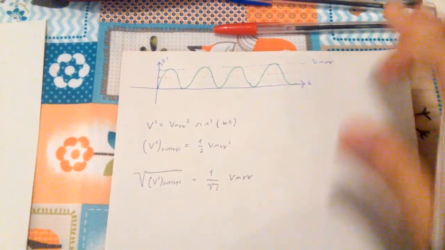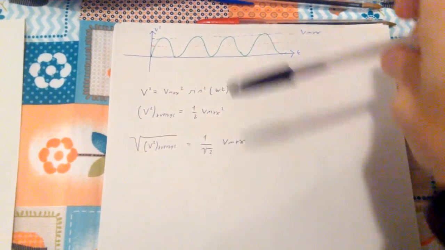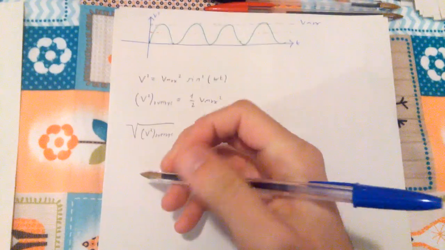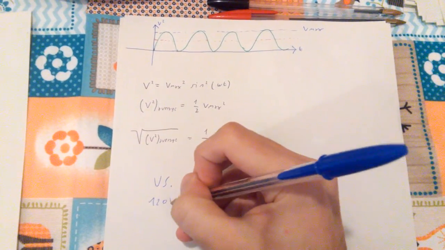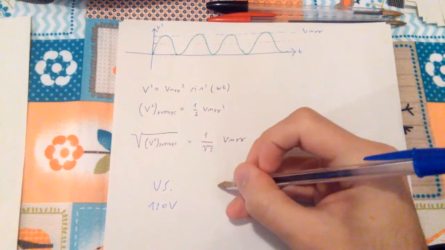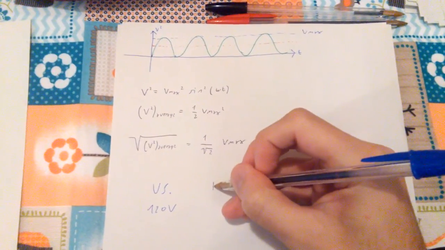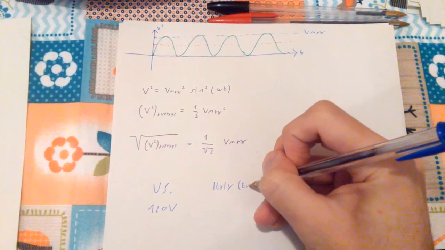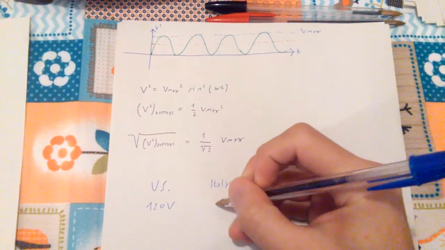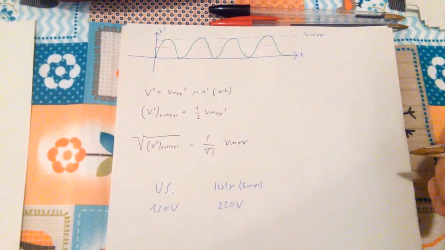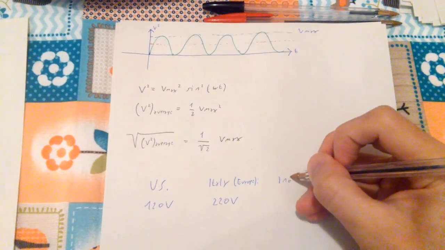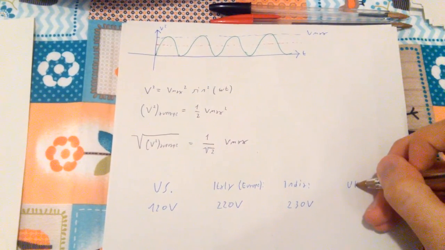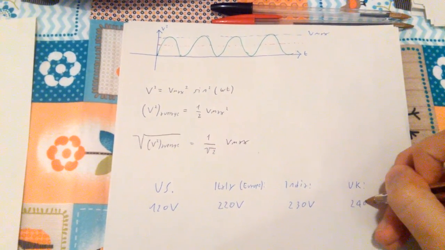So effectively, since you do know that in the US we have 120 volt in a monophase, and in Italy, like Europe in general, I'm just gonna say Europe, we have 220 volt, and in India we have 230 volt, and in the UK we have 240 volt.